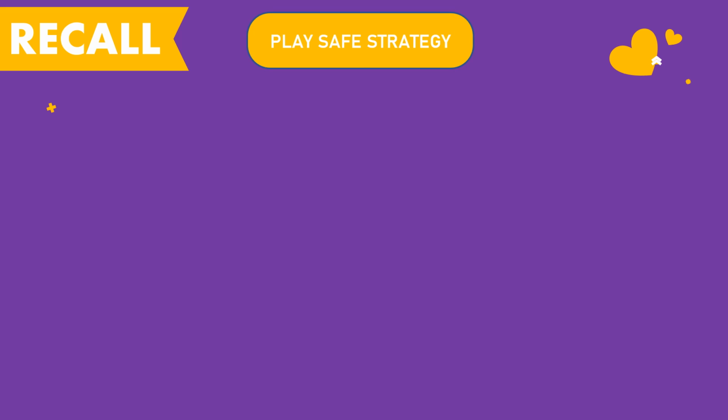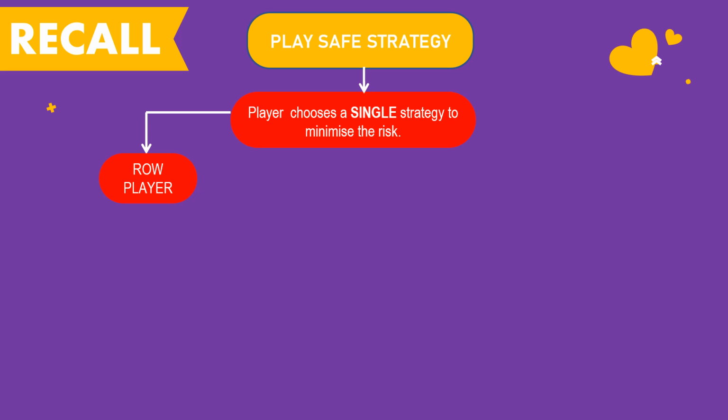Let's recall the play safe strategy learned in the previous video. The play safe strategy is where each player will choose one single strategy to minimize the risk. The row player will choose the maximin strategy that will maximize his minimum gain.